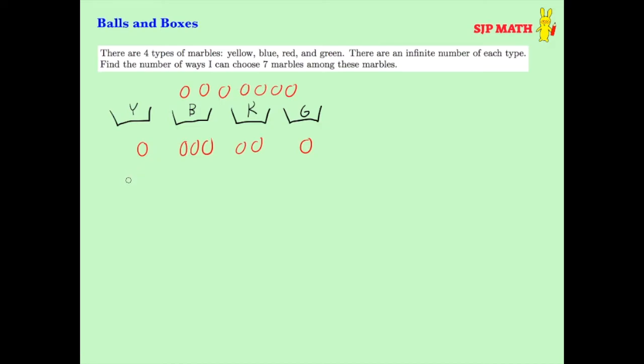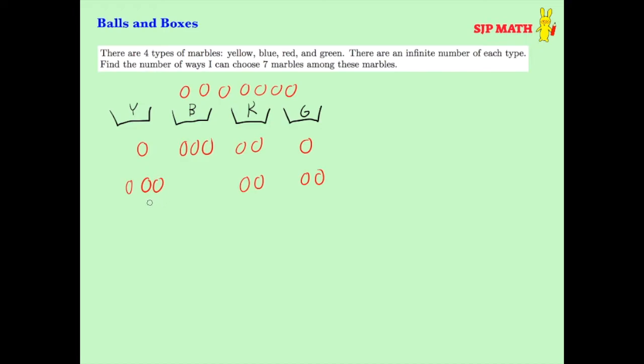Again, if we have it like that, then it means the 7 marbles I chose are 3 yellow marbles, 0 blue marbles, 2 red marbles, and 2 green marbles. Neat. We're doing this problem in a pretty creative and different way.